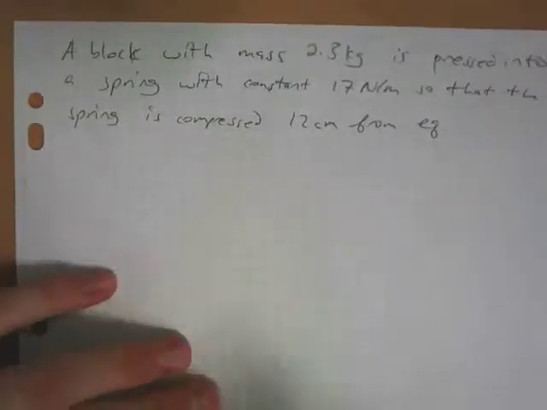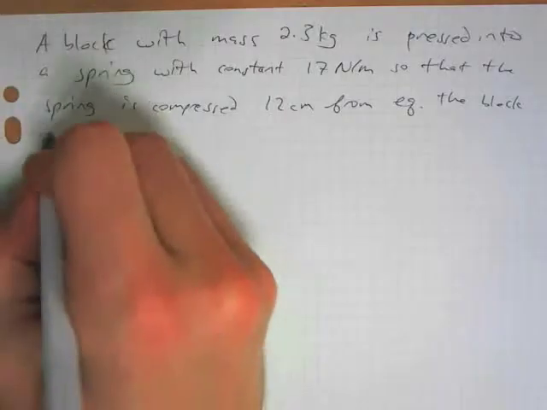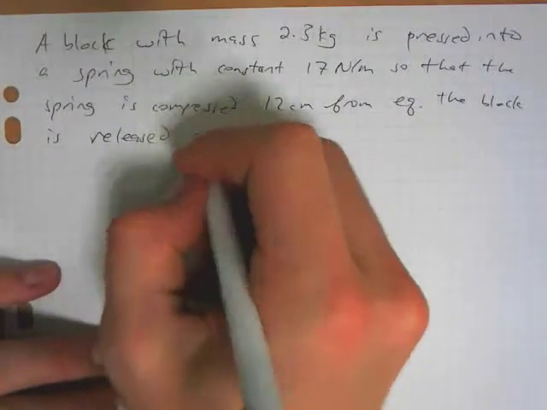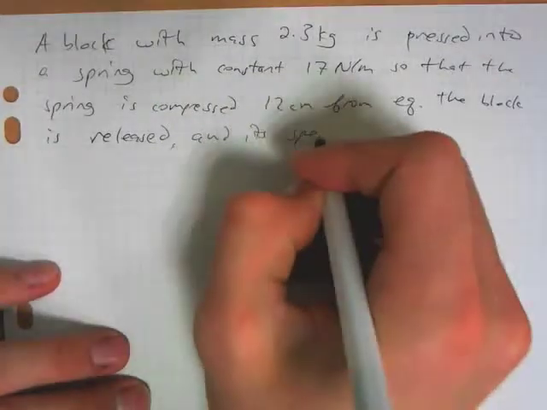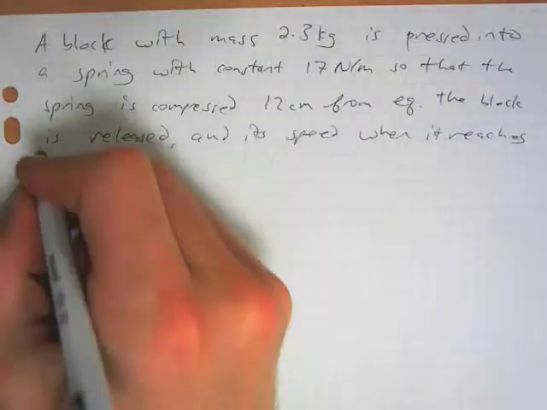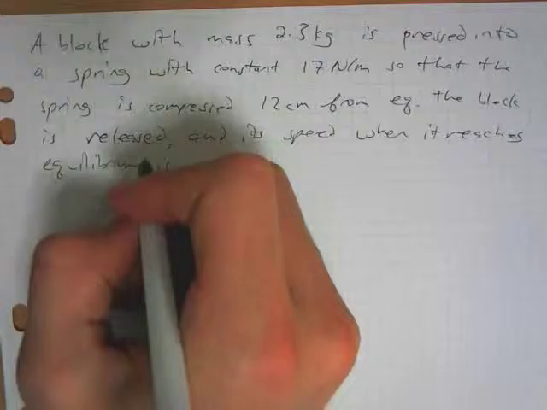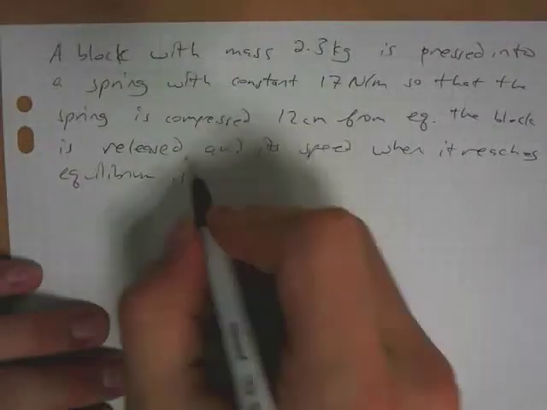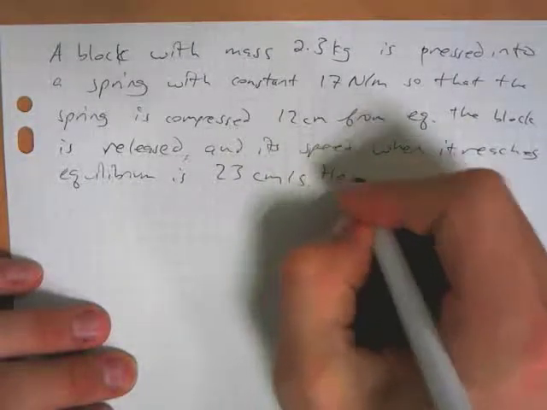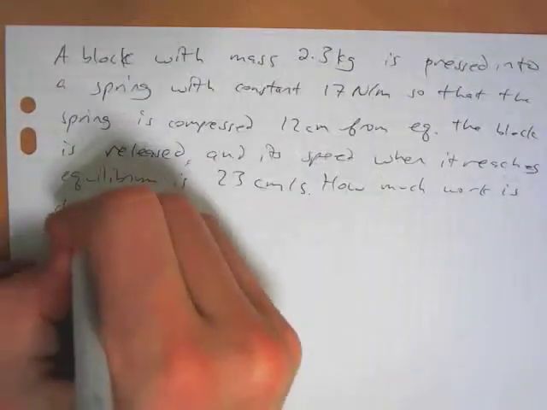Then the block is released, and its speed when it reaches equilibrium is 23 centimeters per second. How much work is done by friction?